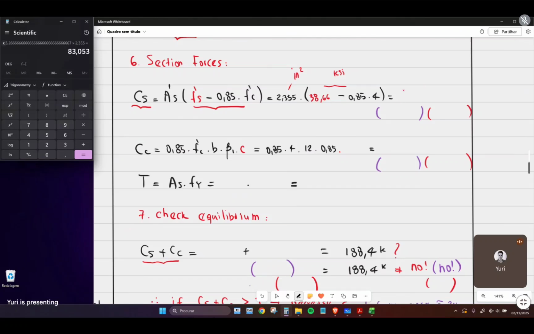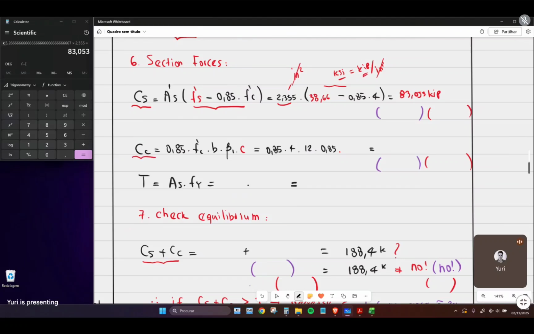Now we have the value of 83.053 kips. It's in kips because the cross-section area is in square inches and the stress is in ksi, which is kip per square inch, so the result should be in kips.